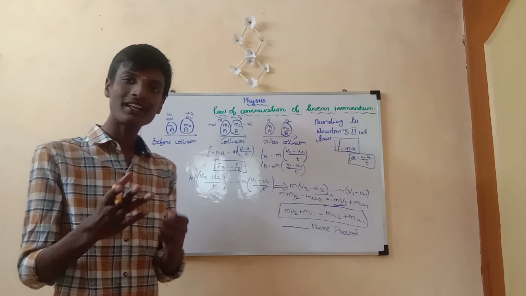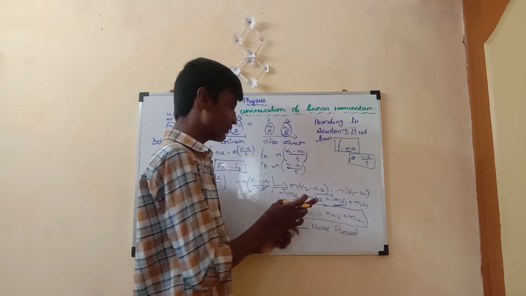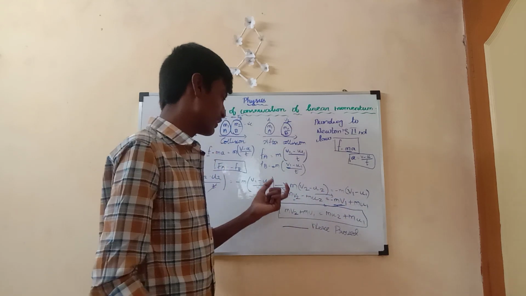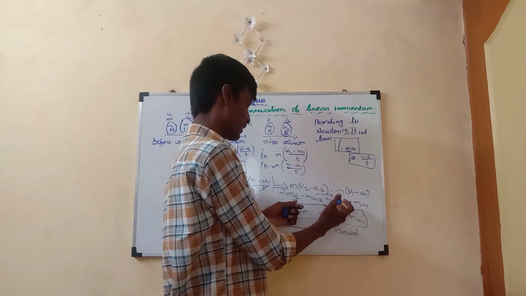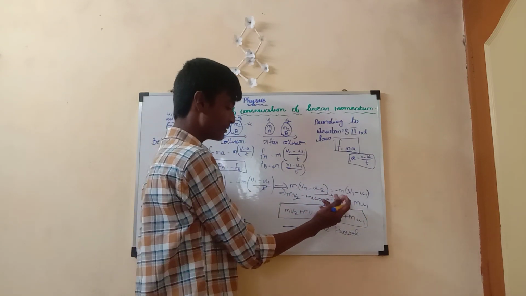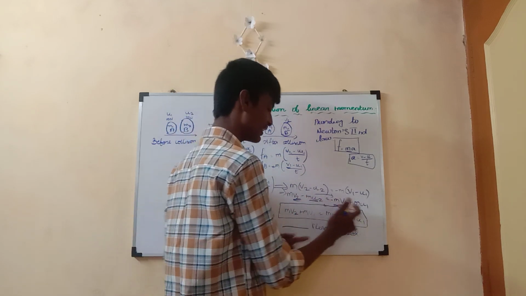If you are confused in this process, I will explain once again. This is the equation that we have got. We compare both equations, bringing the final velocity to the left hand side and the initial velocity to the right hand side.